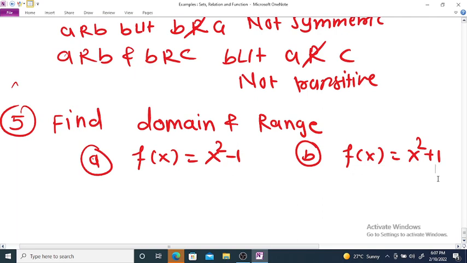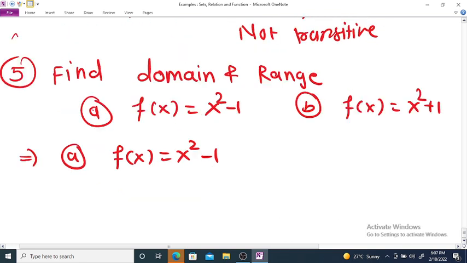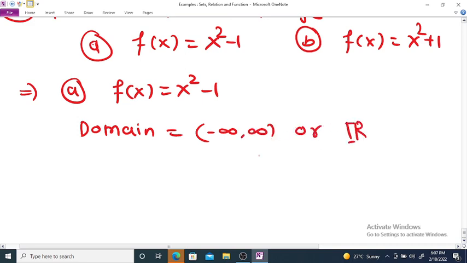Now we know that this function, first, f of x is equal to x square minus 1, is defined for every real number x. Therefore, domain is equal to minus infinity to plus infinity, or in other words, it is the set of all real numbers.